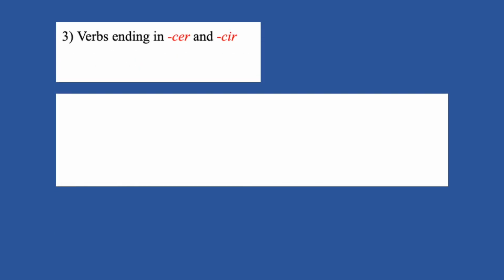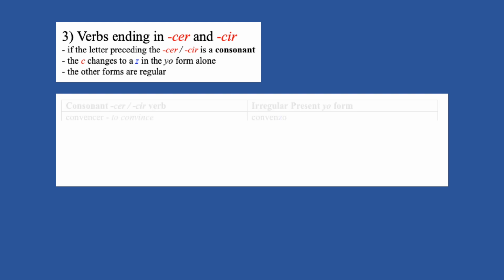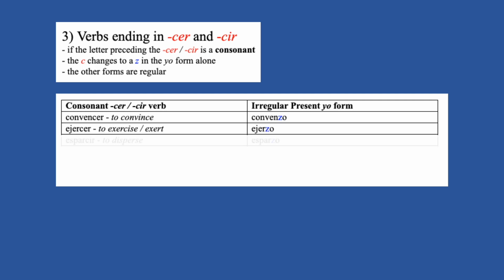For verbs that end in -cer and -cir, if the letter preceding the ending is a consonant, then the C will change to a Z in the first person singular form, but the other forms remain regular.